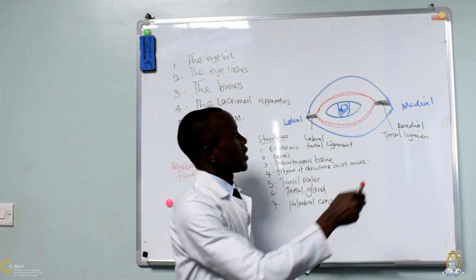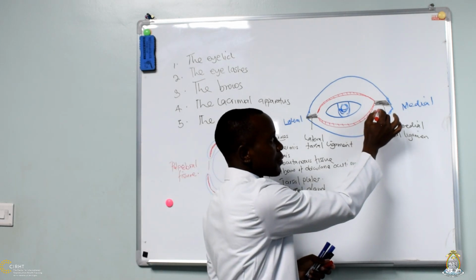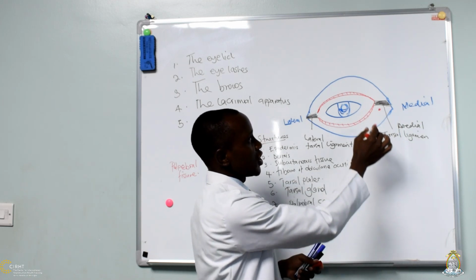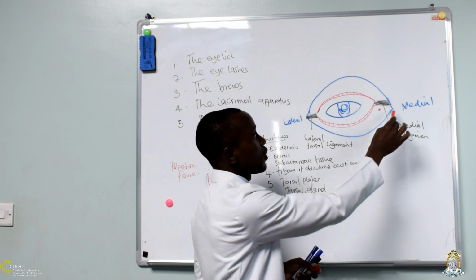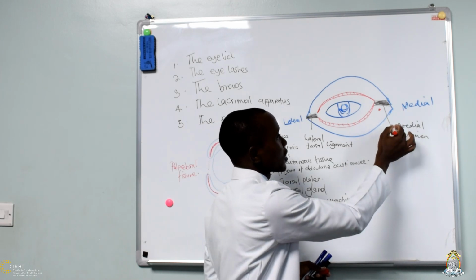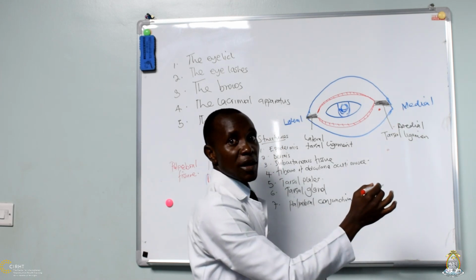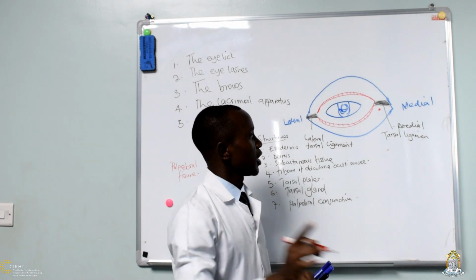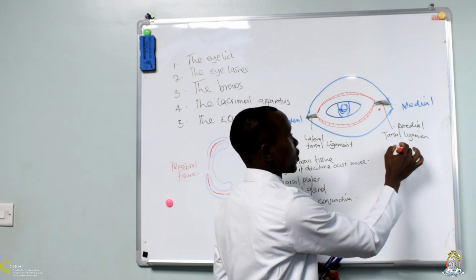But this medial tarsal ligament is also very important because, in addition to attaching the tarsal plate to the medial wall of the bony orbit, it also marks the attachment point of one of the two muscles of the eyelid, that is the orbicularis oculi muscle.